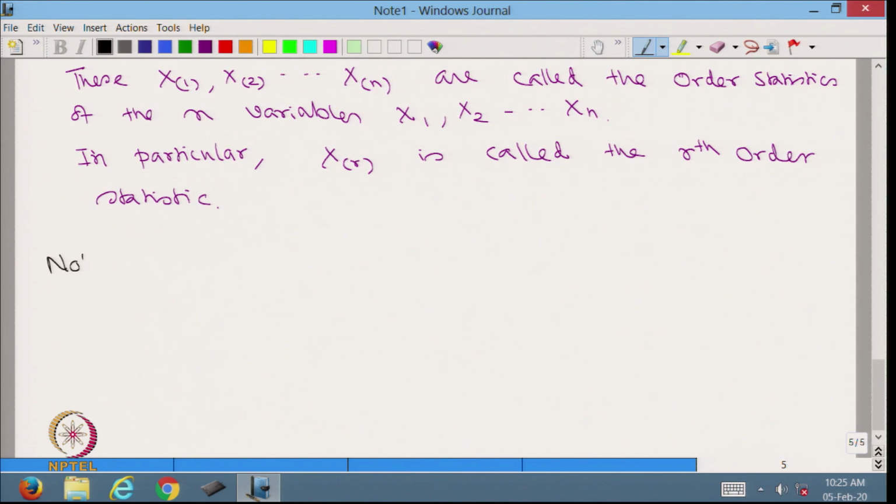Note that each x(i), i equal to 1 to n, is a random variable.